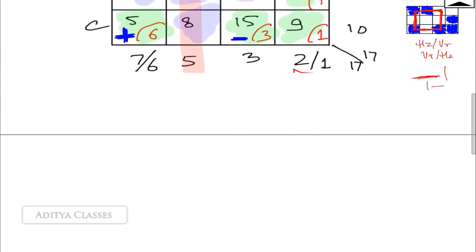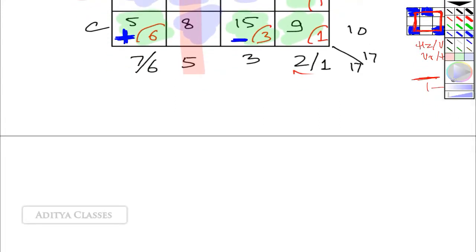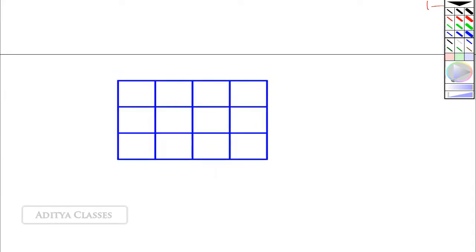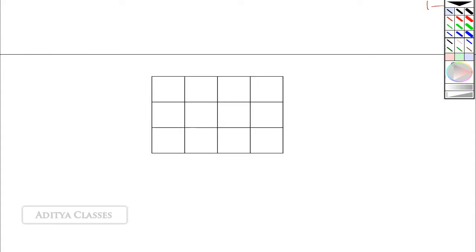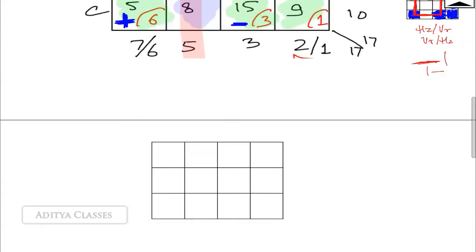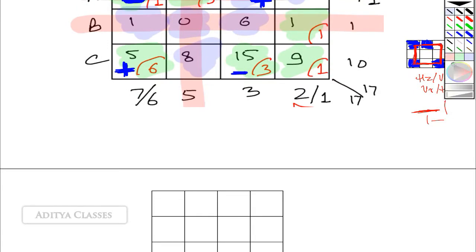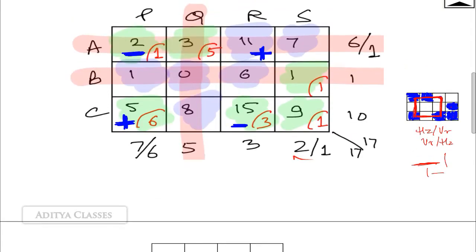Fine. So let us go ahead and make a new table, a table that will mark the start of our second phase. Now, what are the costs?